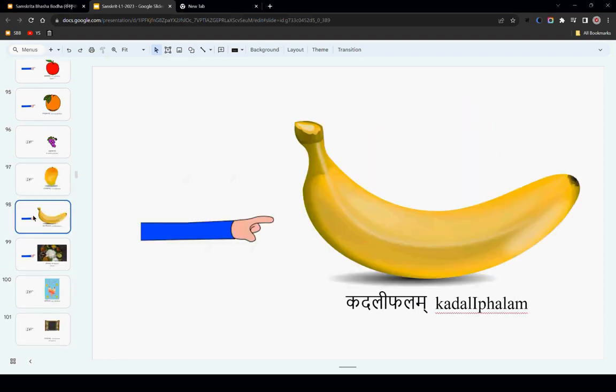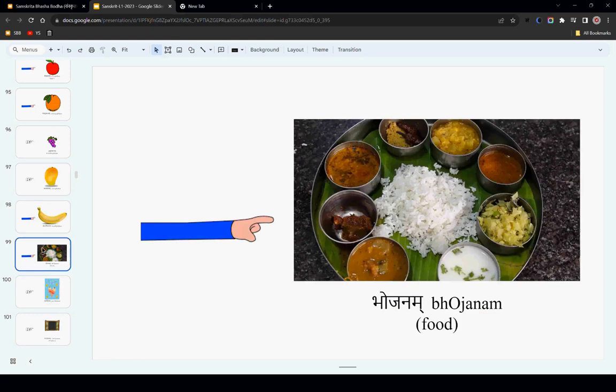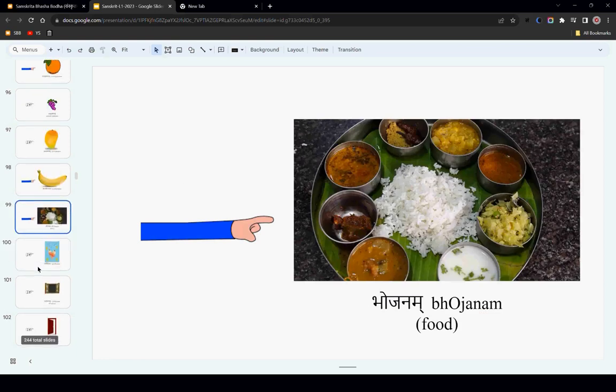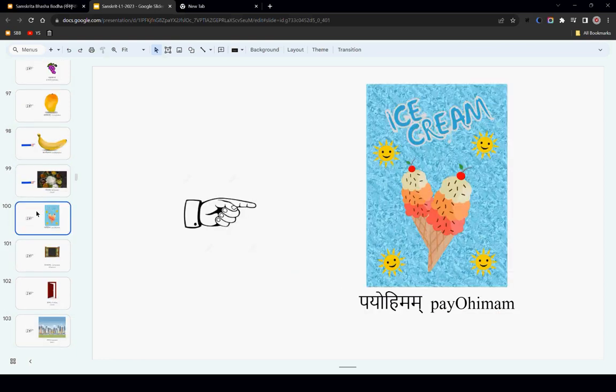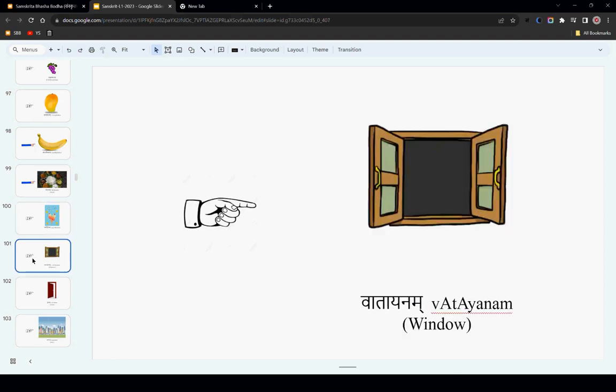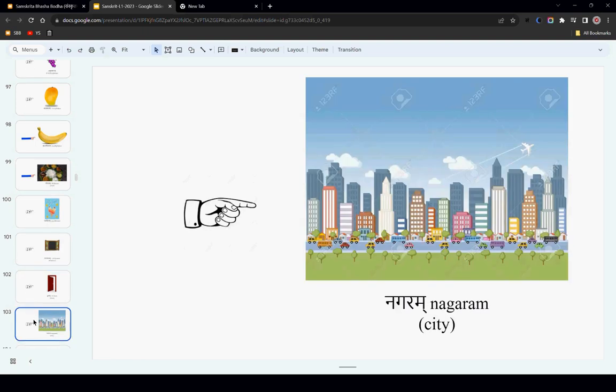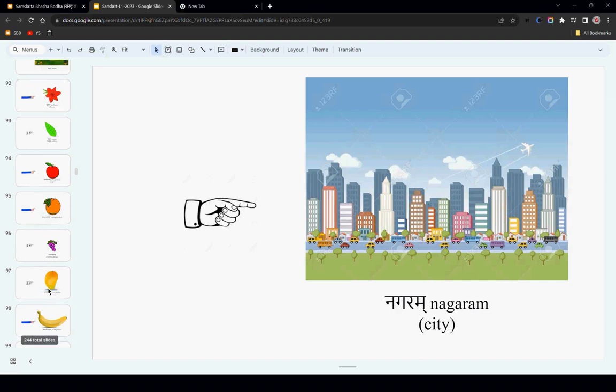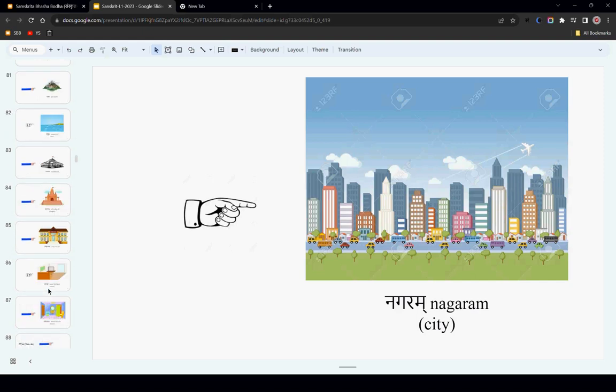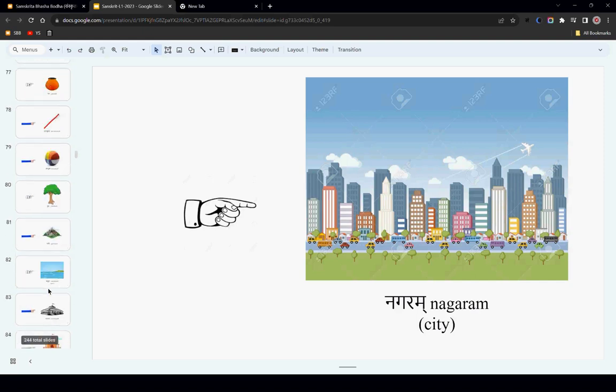You can go through that. Amra phalam, kadali phalam, etat bhojanam, food. And then this is a new word, ice cream, Payohimam. Okay. This is vatayanam, etat window. Etat dwaram, door. So there are many. Nagaram, city. Many words which are in neuter or Napunsakalingam here.